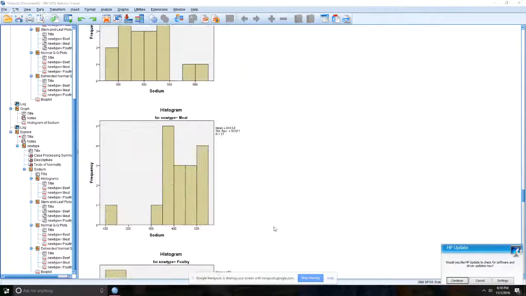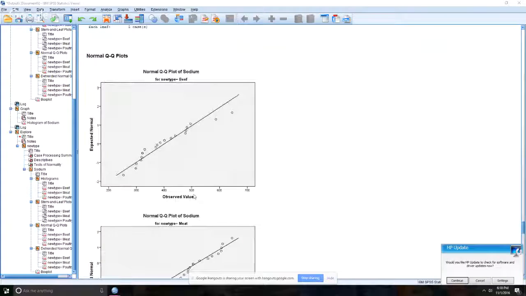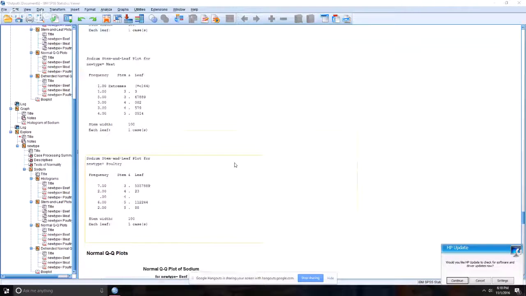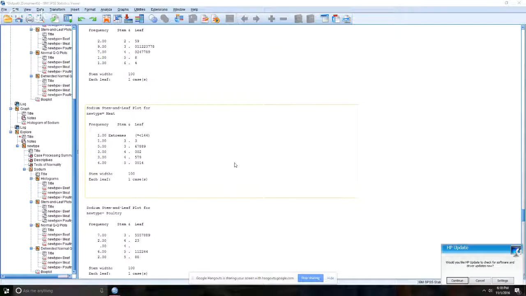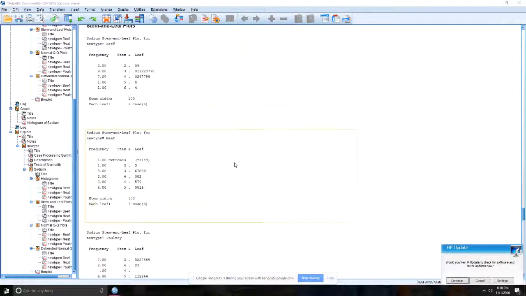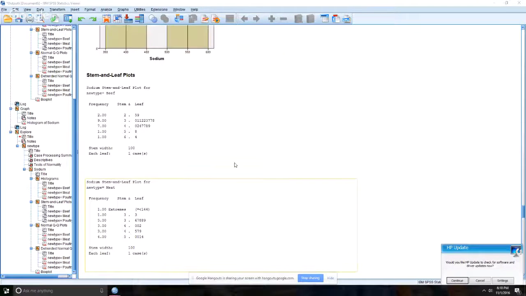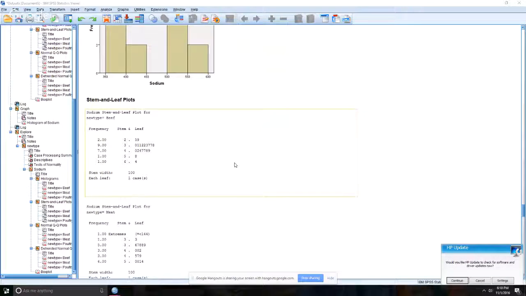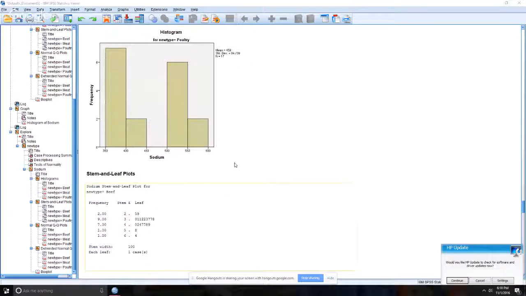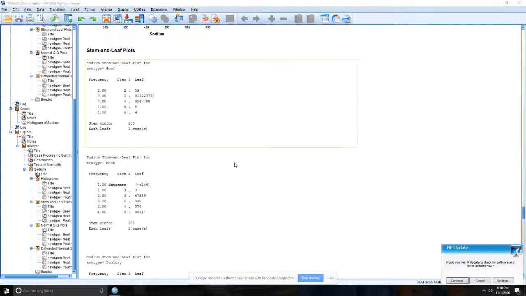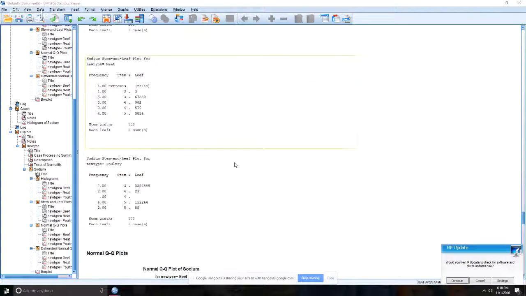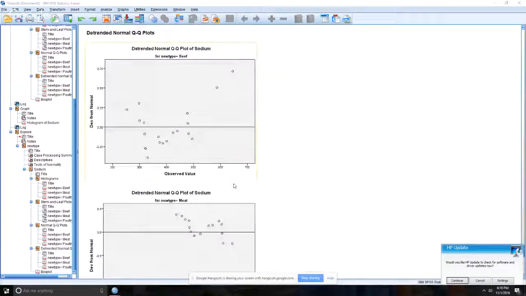I wonder if it doesn't show my QQ plot, does it? No. Go up real quick. I want to see what those numbers were. Frequency. I'm trying to see if there's any numbers that look familiar here. No, none of that really looks familiar. Go back down again. Sorry. Is there anything below the QQ plots?